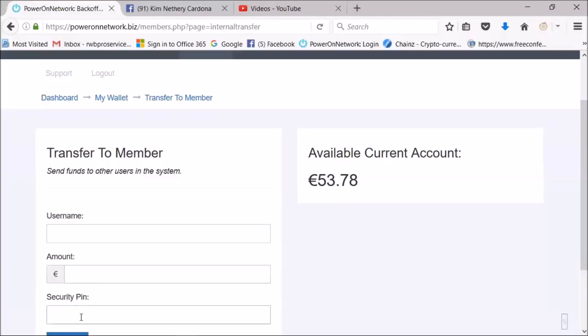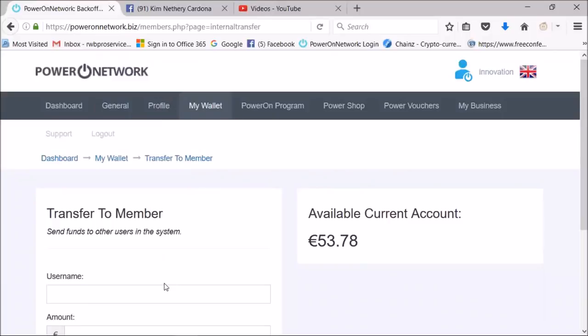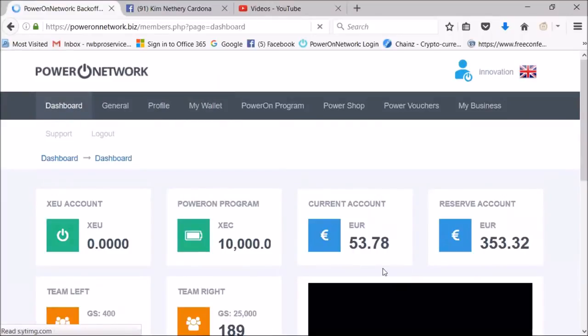I would put in my security PIN. I would click transfer, and boom, instantaneously it goes from your back office into their current account wallet in their back office. And again, I'll show you that up here on the dashboard. That money would instantly be transferred. Mine would go to zero. Theirs would go up $53.73.